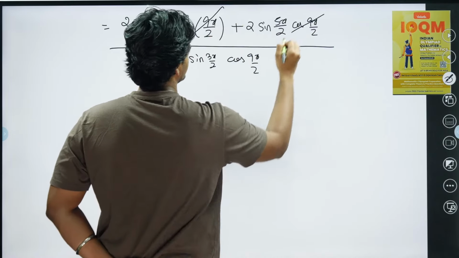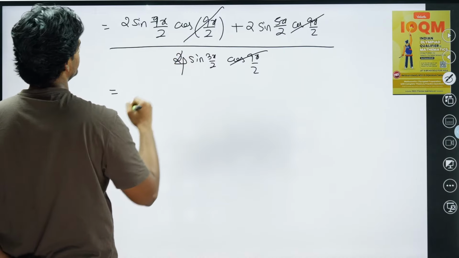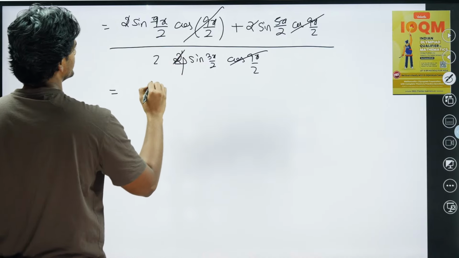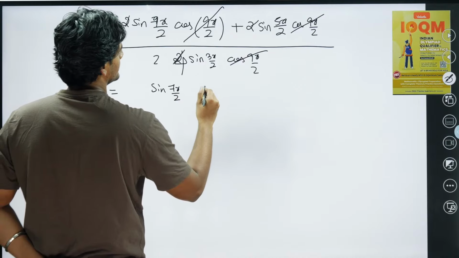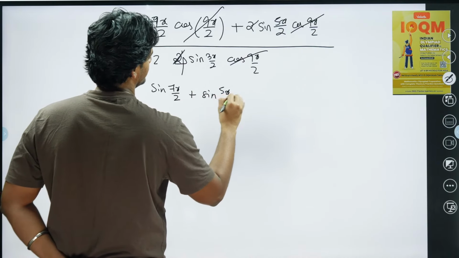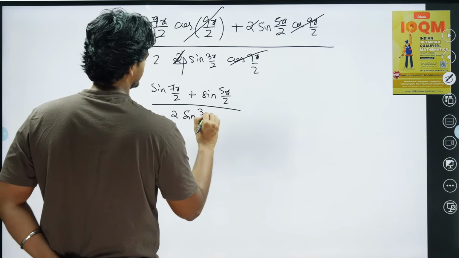So cos 9x by 2 gets cancelled. There is 4 by the way, and 2 gets cancelled with a 2. So sin 7x by 2 plus sin 5x by 2, divided by 2 sin 3x by 2.